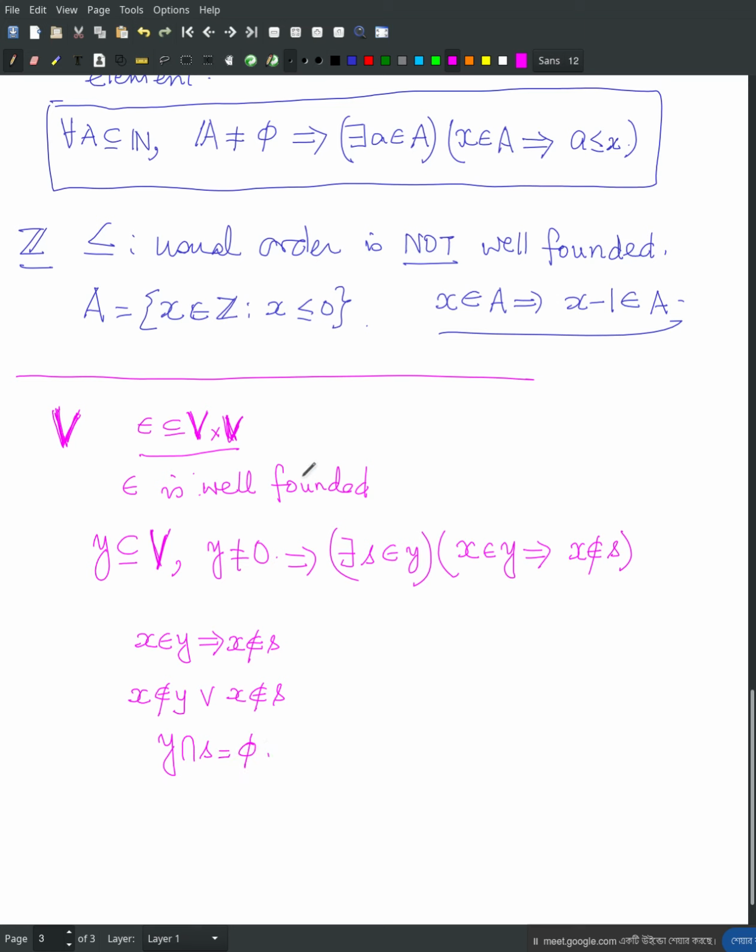So this same thing can be written equivalently as: there exists an S in Y such that Y intersection S is empty. And this part is exactly a direction of regularity.